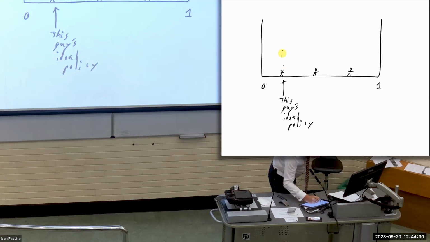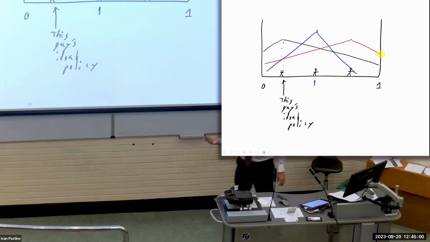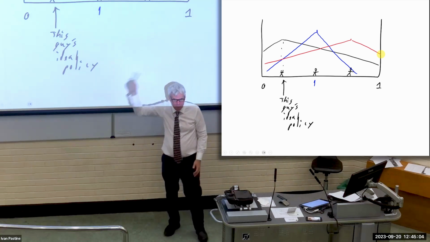So he's got a utility function with single peak preferences that looks something like that, right? And this is this guy's ideal position, and he's got a utility function that looks something like this. He's got single peak preferences. And lastly, we've got this guy who's got an ideal position, and his utility function looks something like that. All of them have single peak preferences, and the little guy symbol is telling us what that guy's ideal position is. Okay?